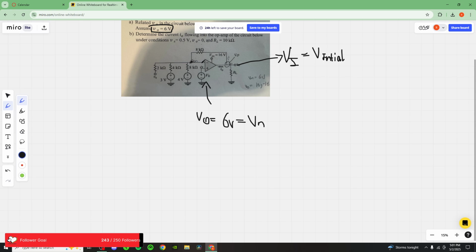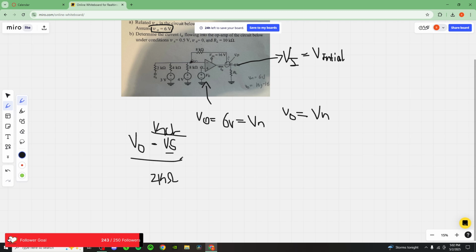Another thing you need to keep in mind is that V0 is the same thing as Vn. So you take V0 minus Vs right here. This is KCL, the node voltage method, and you're finding the current through here, so V0 minus Vs over 2 kilo ohms.